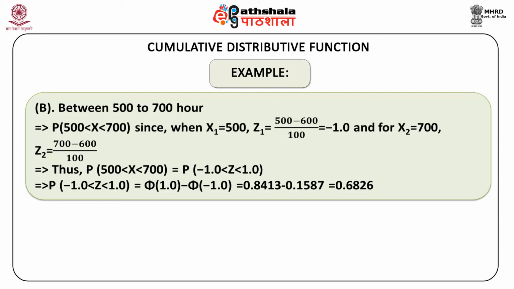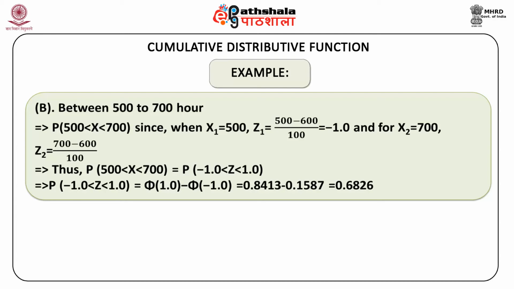Also, we know with the CDF F(x), that x has to lie between a and b. We know that the probability that x lies between a and b is equal to F(b) minus F(a). Again, this means that the probability that z lies between plus 1 and minus 1 is equal to phi(1) minus phi(minus 1), which is equal to 0.8413 minus 0.1587, which is equal to 0.6826.